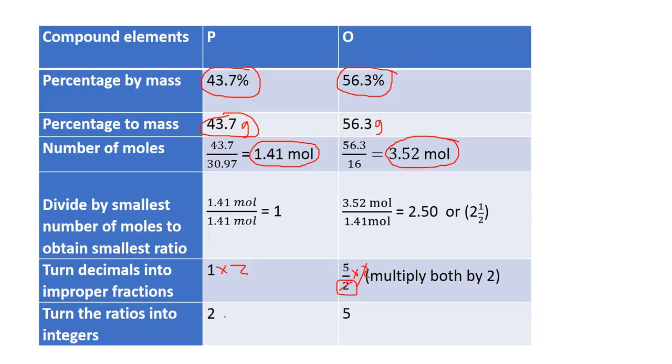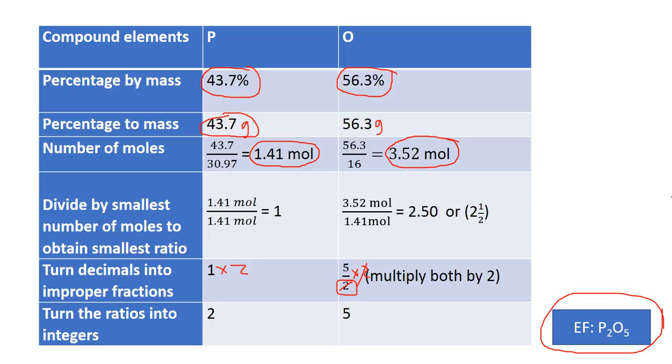So for every 2 phosphorus, I have 5 oxygen, which means my formula should be P2O5. This is the empirical formula, that is P2O5.